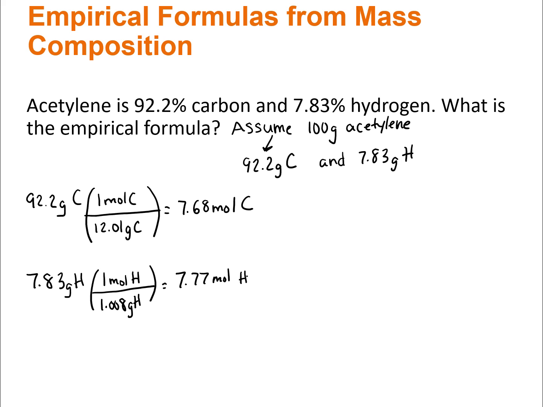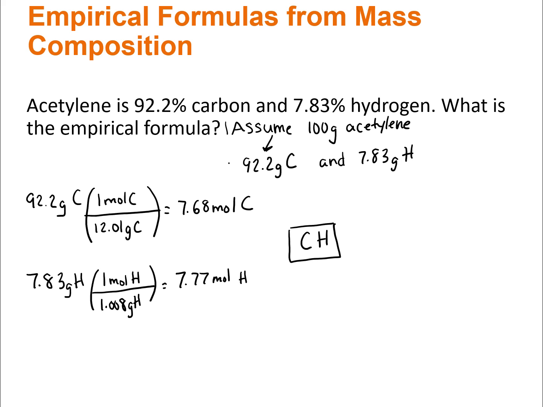So when you do that, you get about the same. So 7.68 and 7.77, that's pretty much 1-to-1. So your empirical formula is going to be CH.